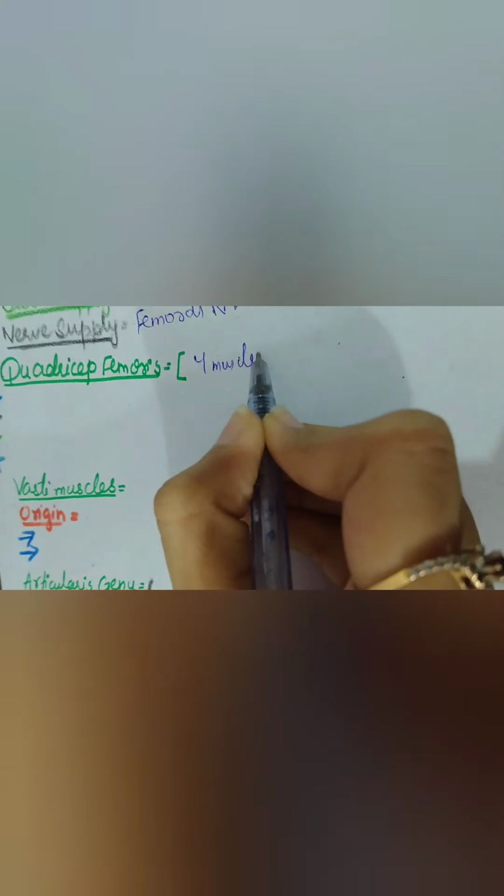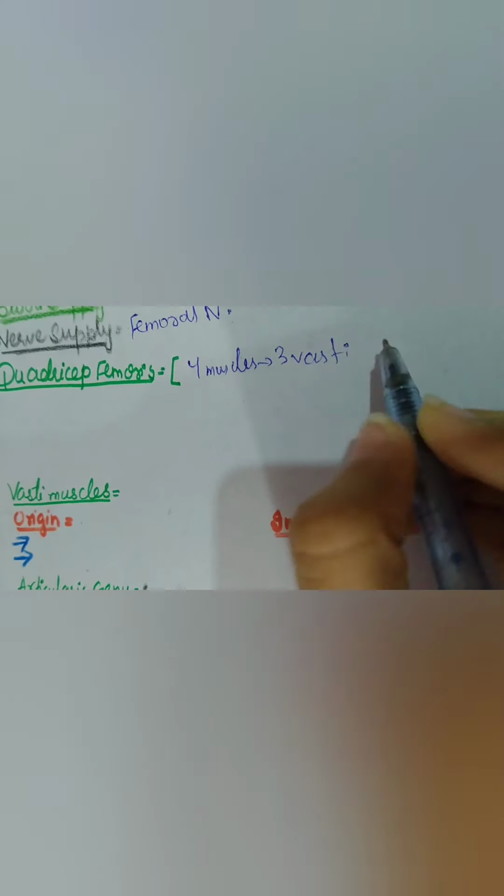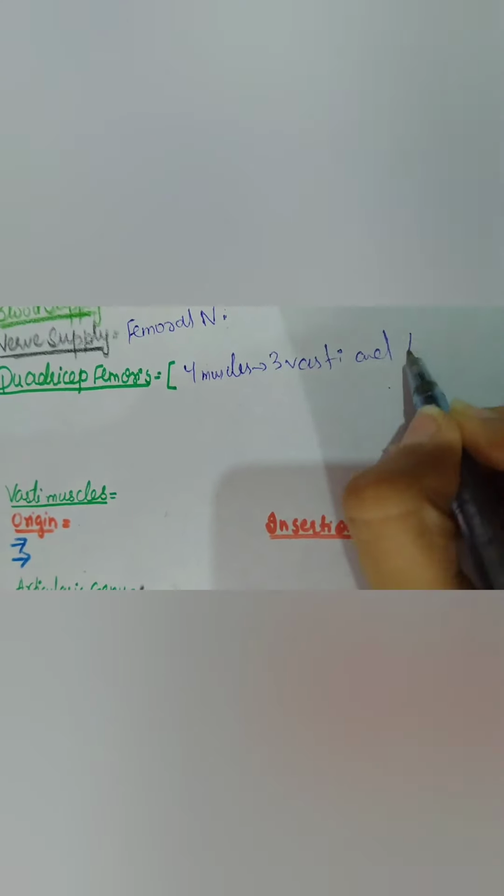So the quadriceps femoris consists of 4 muscles, that are 3 vasti and rectus femoris. The 3 vasti are the vastus lateralis, vastus medialis and the vastus intermedius.